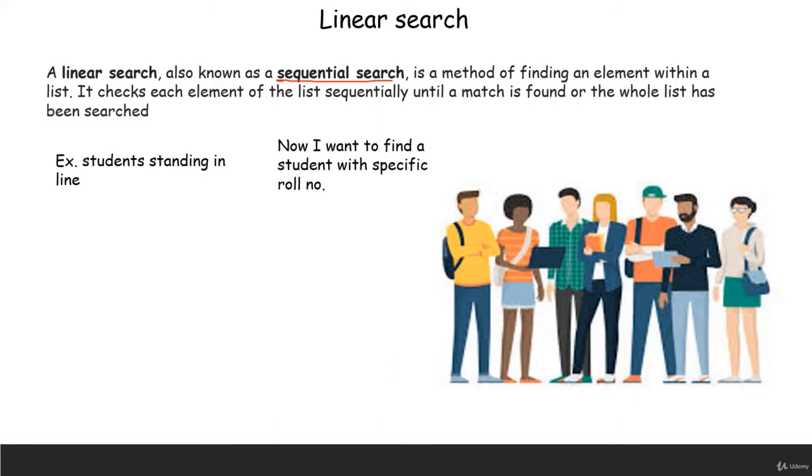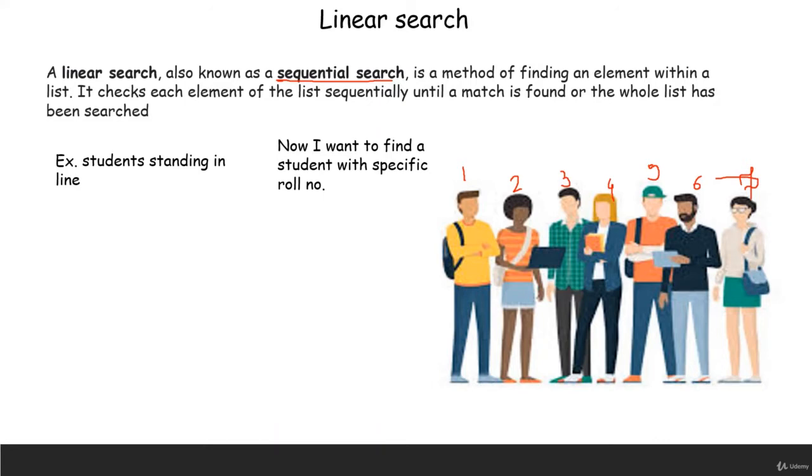Let's say there are 1, 2, 3, 4, this one is the 5th student, 6th and 7th. So there are 7 students standing in a line having roll numbers 1, 2, 3, 4, 5, 6, 7. And now I want to find the student who has roll number 5.